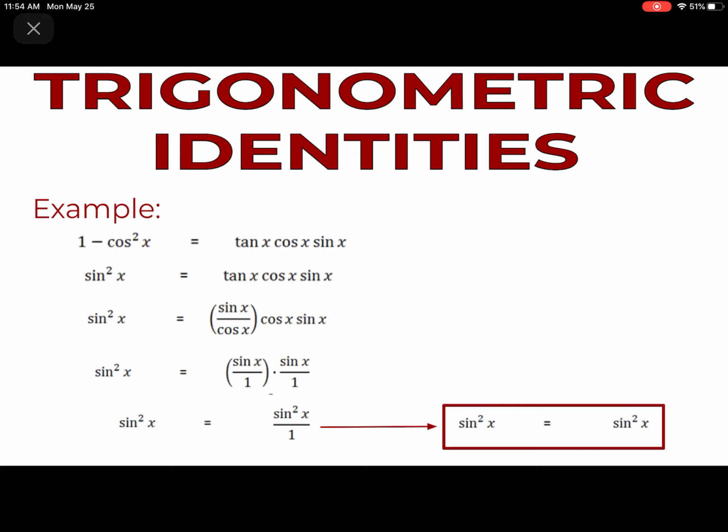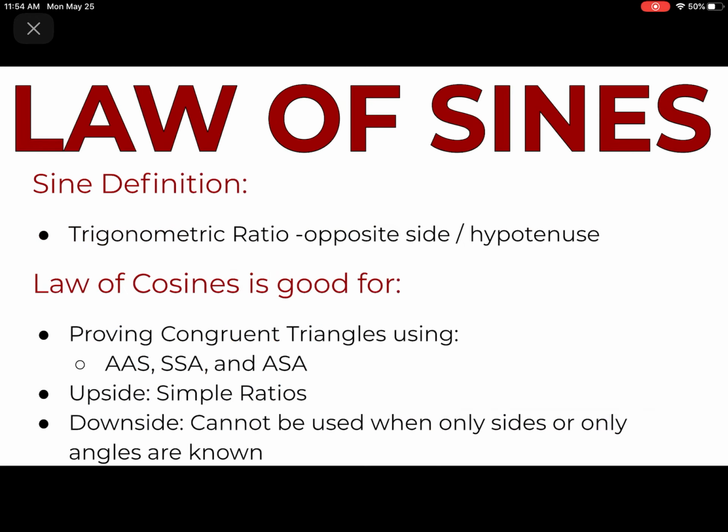All right? So using any method possible, we want to make sure the left-hand side equals the right-hand side. And this proves that 1 minus cosine squared x equals tan x, cosine x, sine x. All right. I know it's a little bit tricky, so don't get too caught up in all the different values. You'll be able to use the sheet of values or this PowerPoint on the test.